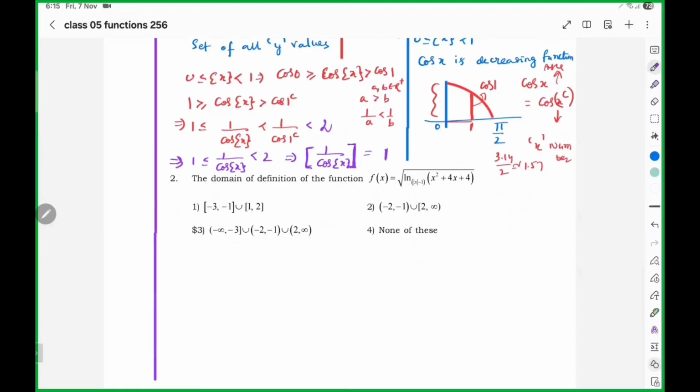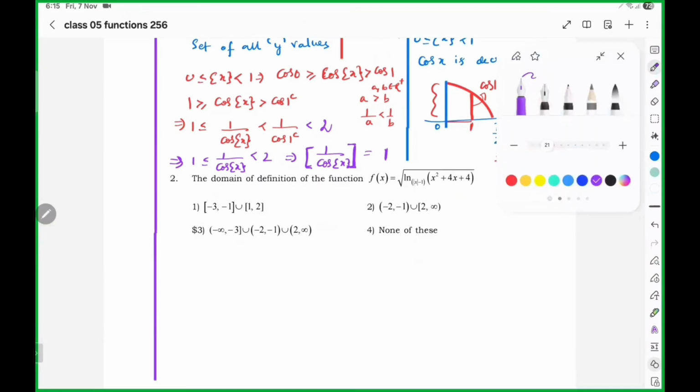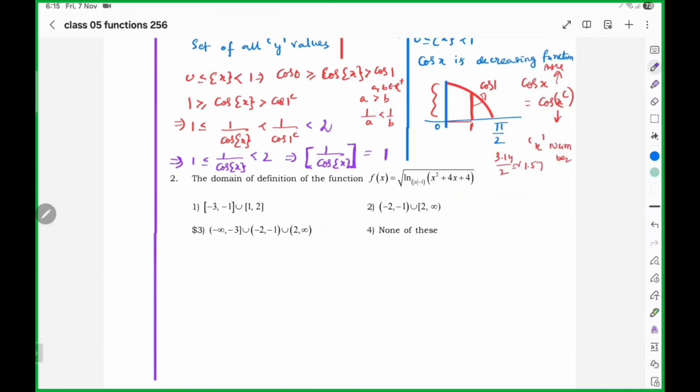In this second question, basically it is the domain definition: values of x for which f of x is defined.